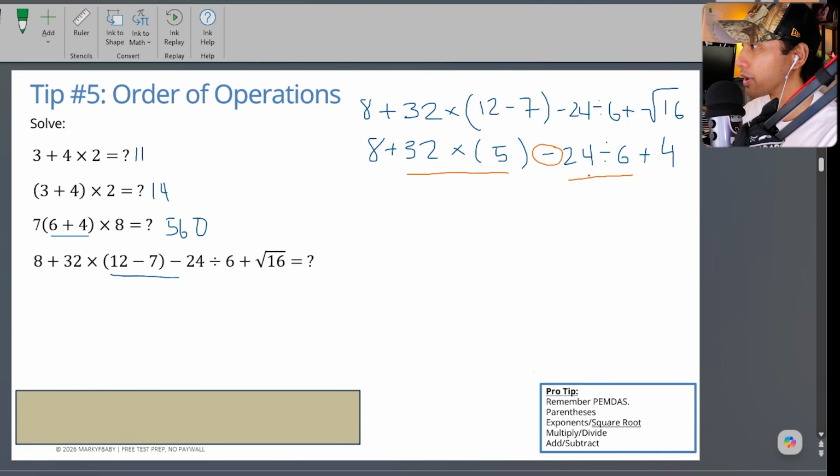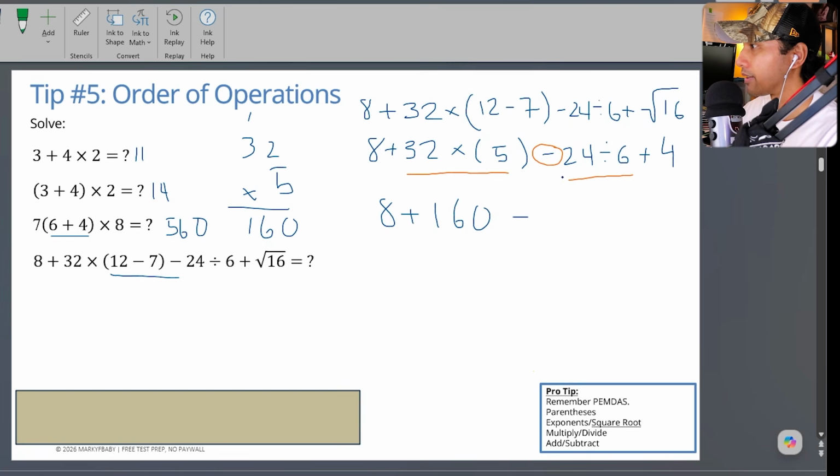You could do 24 divided by 6, but make sure to put back that negative, okay? So let's go ahead and perform these operations. So I have 8 plus, what is 32 times 5? Well, let me just do that right here because I don't know that from the top of my head. And I get 160.